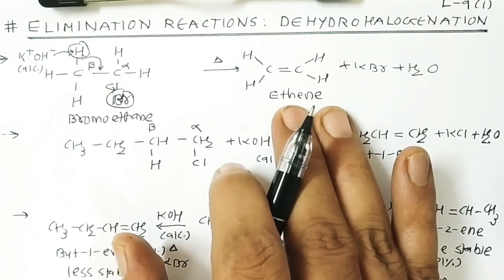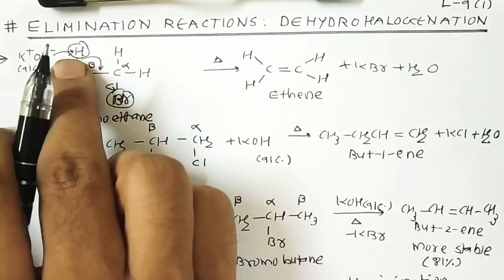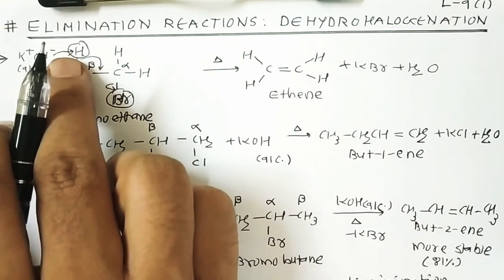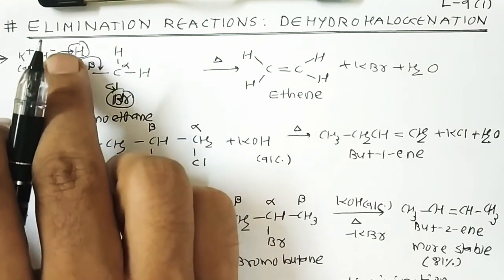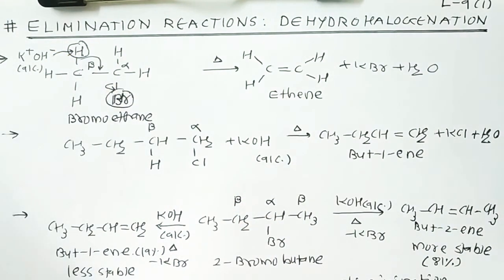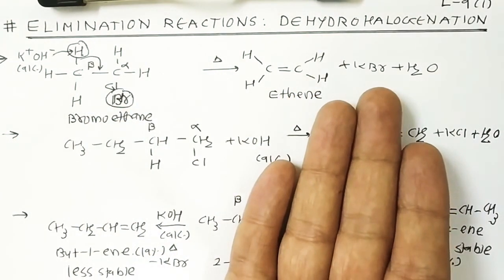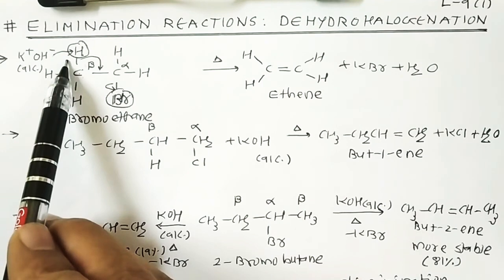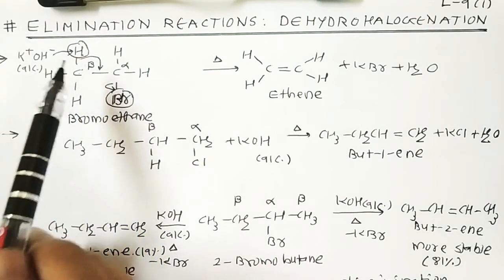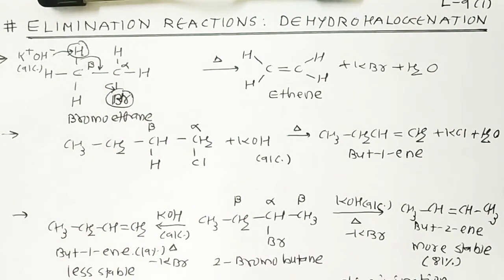So the hydrogen of the alkyl halide is eliminated from the beta carbon and the halogen from the alpha carbon. Since in this reaction the hydrogen atom is lost from the beta carbon, this reaction is classified as a beta elimination reaction. For advanced topics, there are alpha eliminations and beta eliminations.